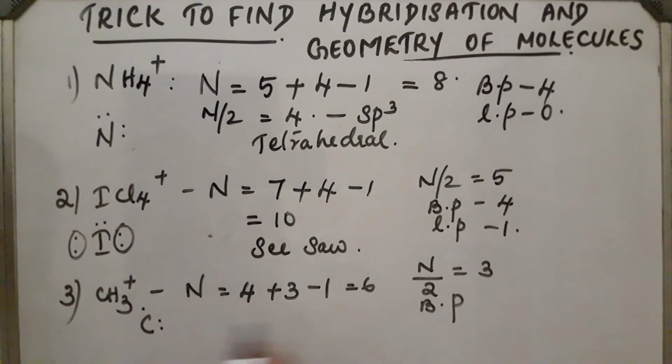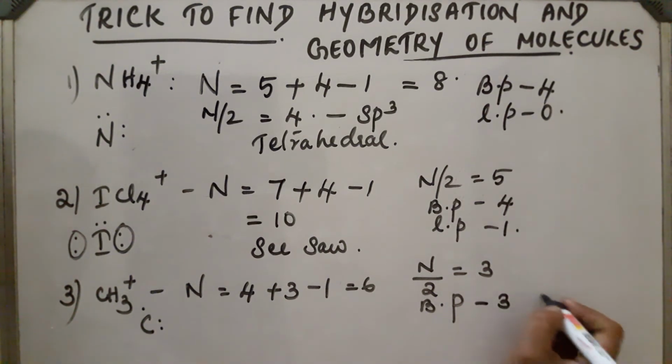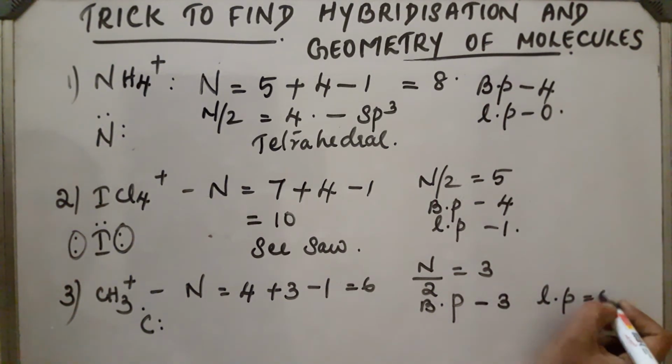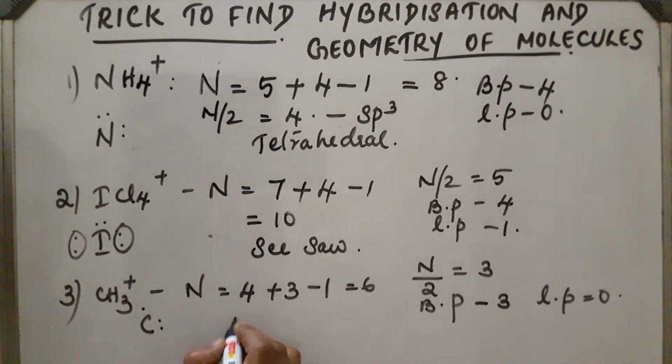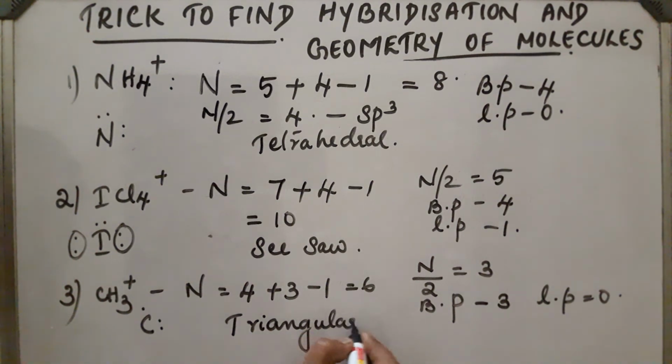Okay, so 3 electrons are used for bonding. So 3 bond pairs, lone pair 0. Okay, so N by 2 is 3, bond pair 3, lone pair 0, is triangular planar. Okay, triangular planar in shape.